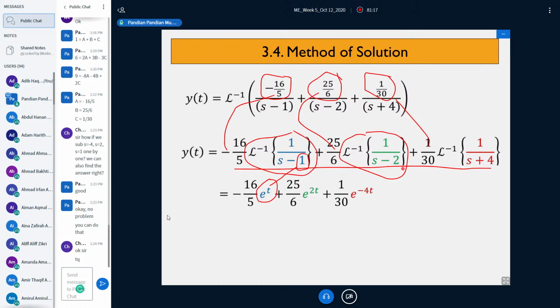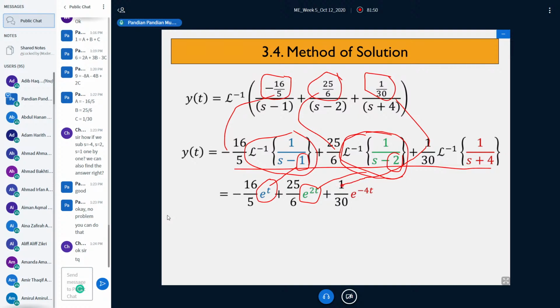Again, inverse Laplace of 1 over S minus A is e^(at), equation number 3 under 3.2, inverse transform. Your A is 2, so the inverse Laplace of this is e power 2t.